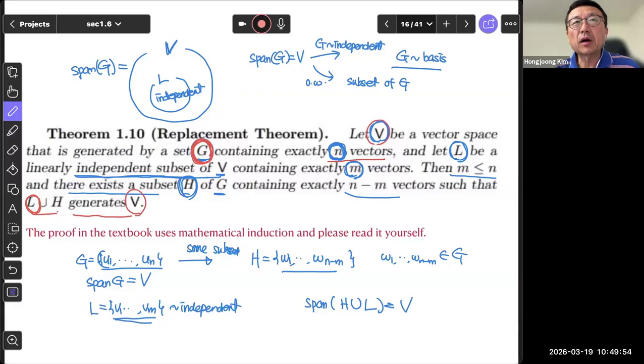So that is the meaning of the replacement theorem.